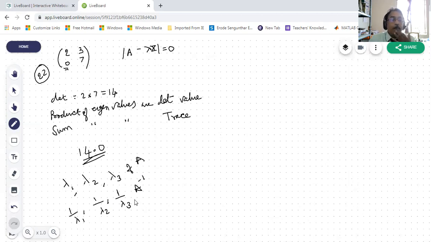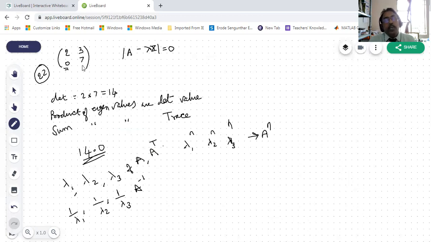Similarly, for A power n, lambda 1 power n, lambda 2 power n, lambda 3 power n will be eigenvalues of A power n, right? A and A transpose will have the same eigenvalues since there won't be any change in the diagonal values.